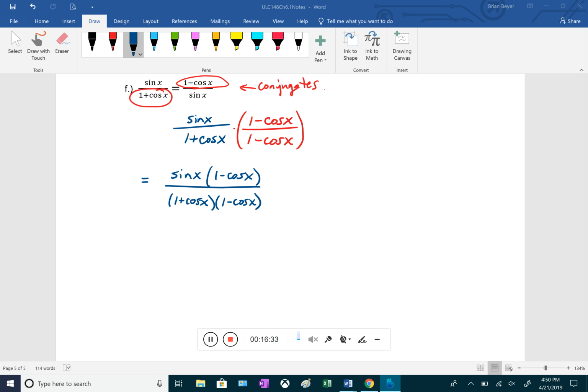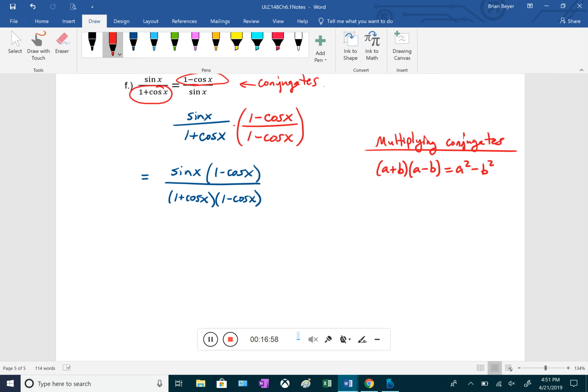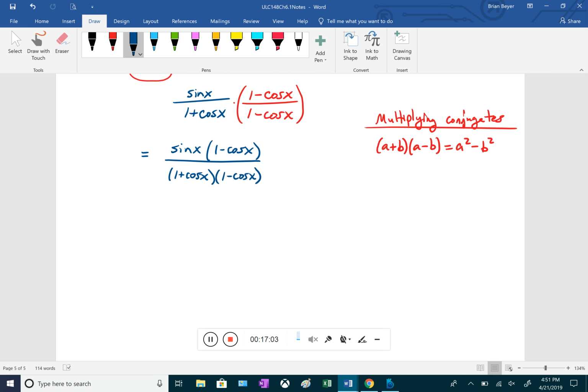So when we're multiplying conjugates, we can do a shortcut. And hopefully we remember what conjugates are. They're the same two terms. One's addition, one's subtraction. So if we multiply conjugates, a plus b times a minus b, the shortcut is they end up being a squared minus b squared. So when we're multiplying 1 plus cosine x times 1 minus cosine x, I'm going to leave the numerator alone.